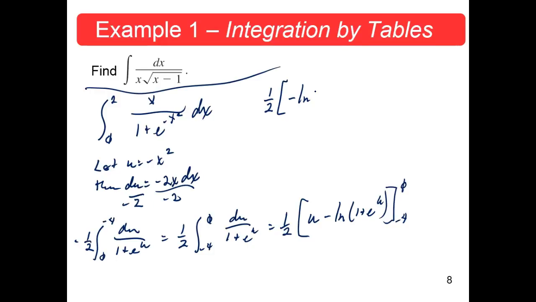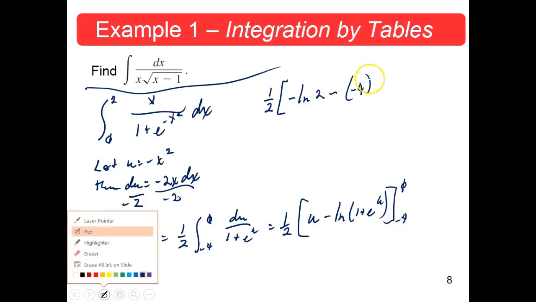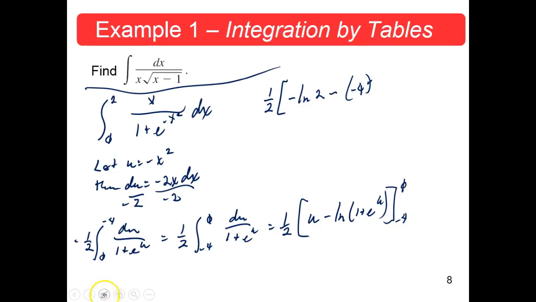E to the 0 is 1, so it's log of 2, minus a -4. Watch these signs, folks. They can sneak out here and trip you up big time.